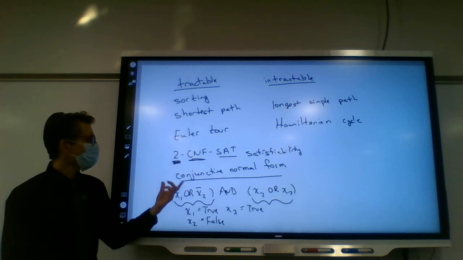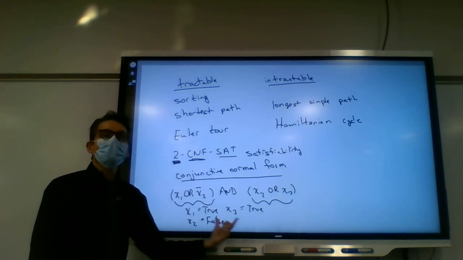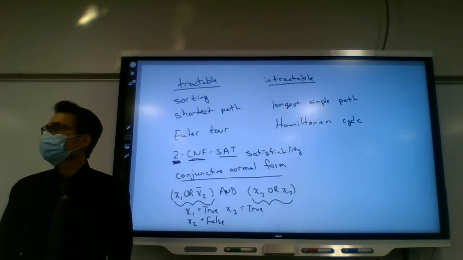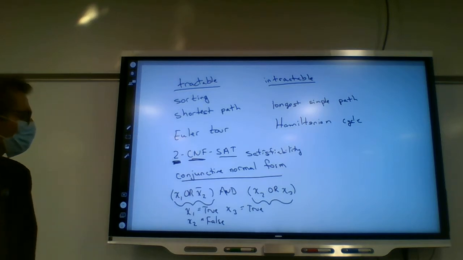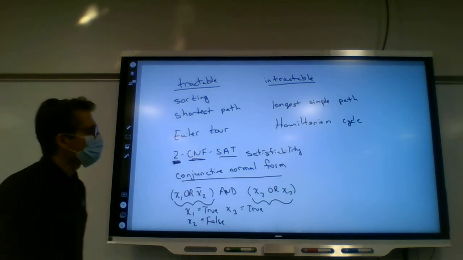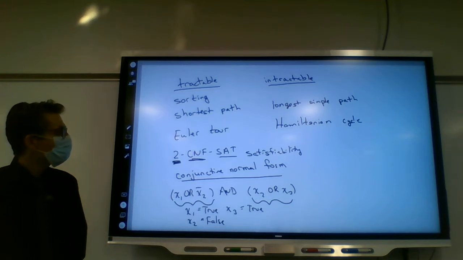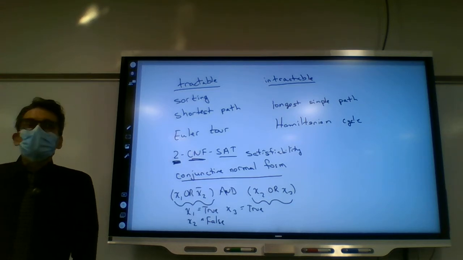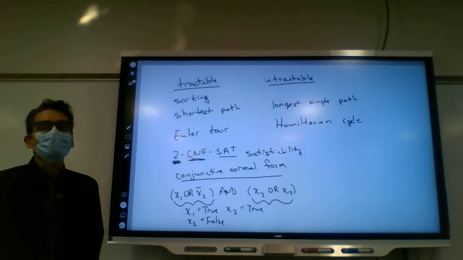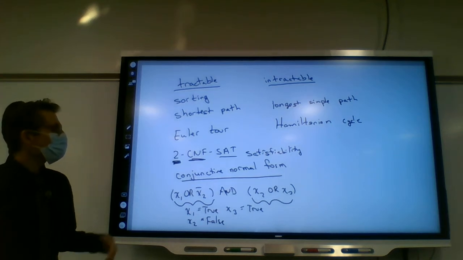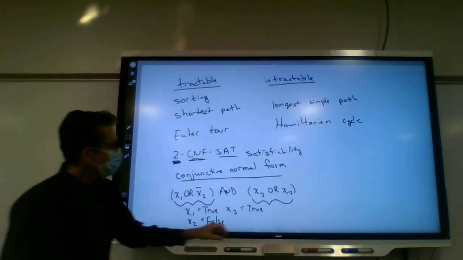Right? We can always figure out evaluations for the variables to make the whole thing true. Now, we're not going to get into the details right now of what that algorithm would look like. You get to do that on your own. All right, so this problem is easy.